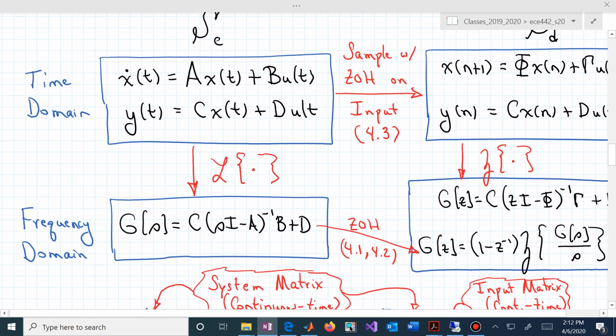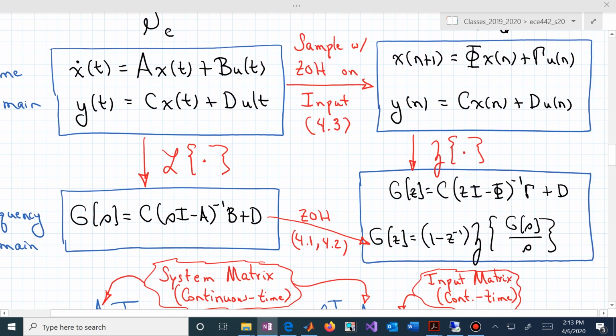Likewise, you could immediately go into the transform domain, or find a transfer function for that system by using this expression C (sI minus A) inverse B plus D. That's just Laplace transforming that state space representation and finding the transfer function between the input U and the output Y.